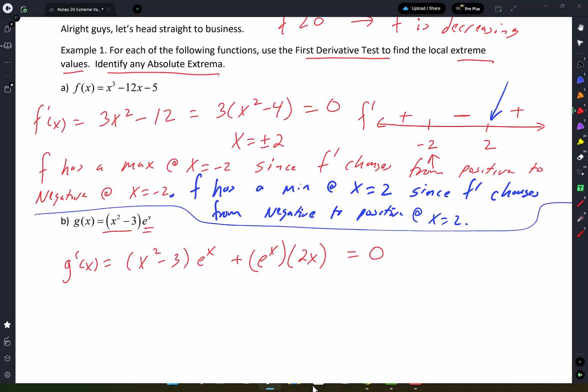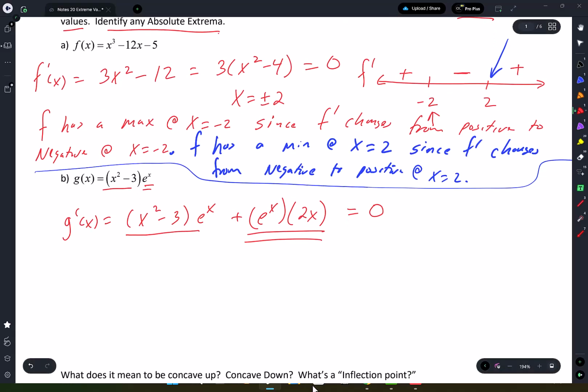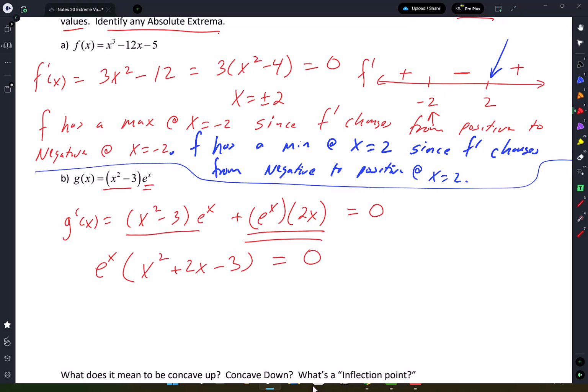We're just doing algebra. I look at this, and like, let me factor out an e to the x. E to the x, parenthesis, x squared, and then I see a 2x here, so I'm going to write plus 2x minus 3. Is this factorable? Yes, it is.